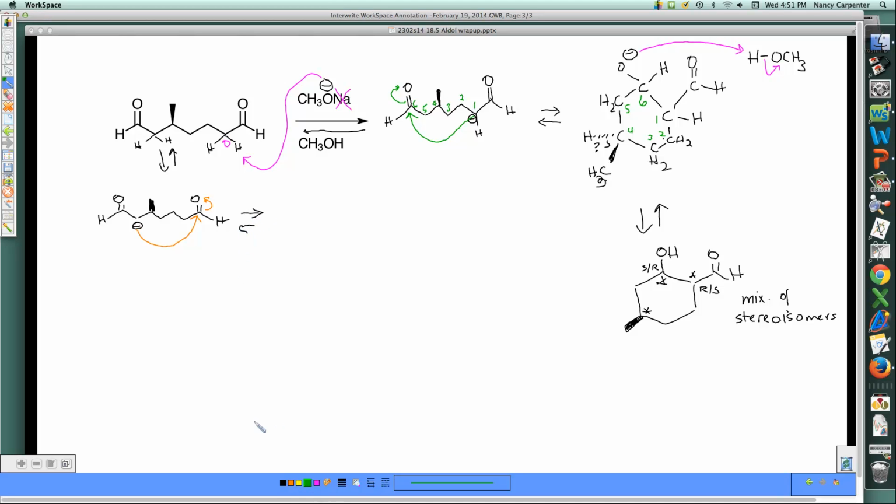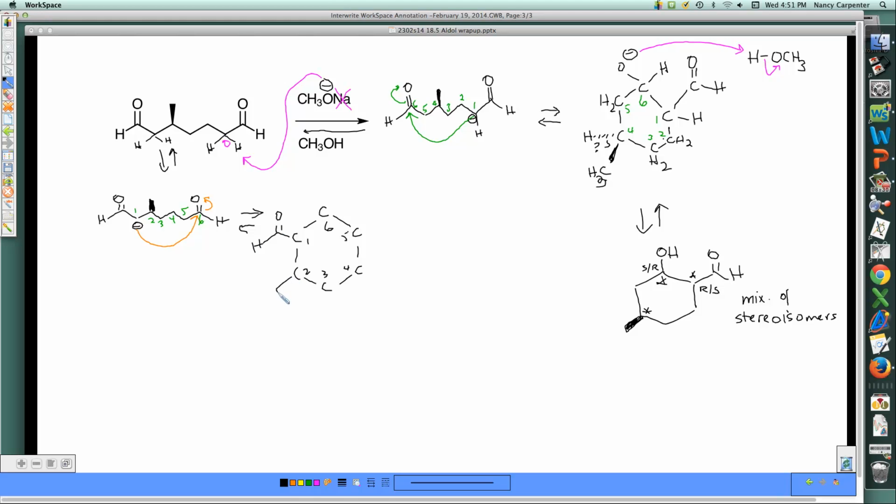We'll number our carbons again. 1, 2, 3, 4, 5, 6. That's a little better. If this is carbon 1, 2, 3, 4, 5, 6, carbon 1 has the aldehyde.